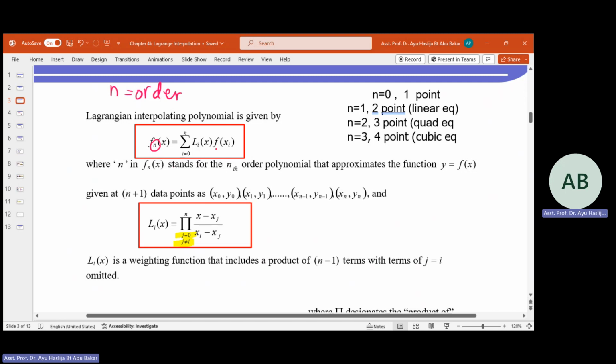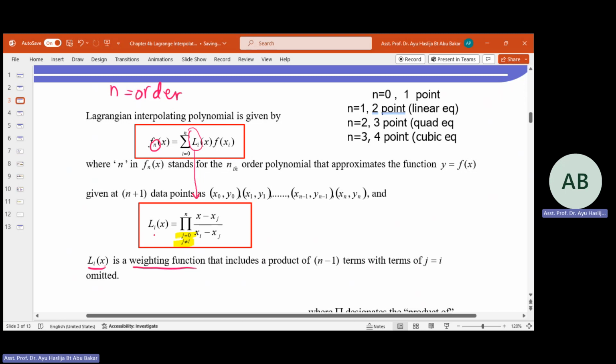So this is the Lagrange formula, the sum of products of L_i(x), the weighting function, multiplied by f(x_i). Where this L_i(x) is calculated using this formula.